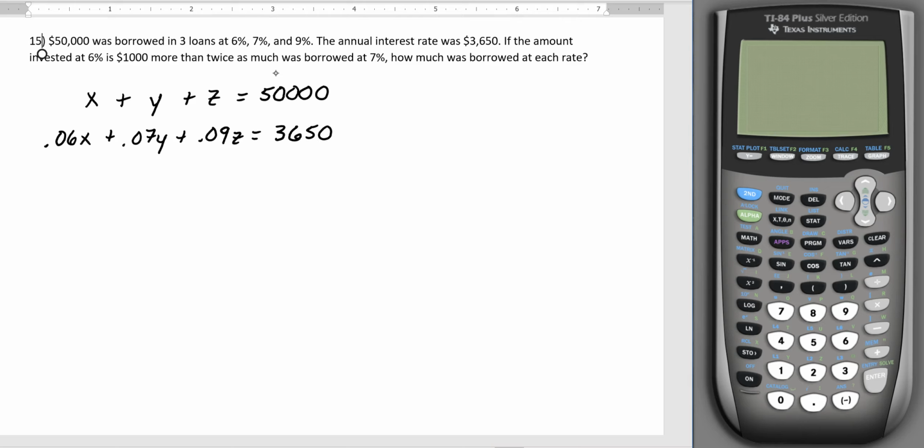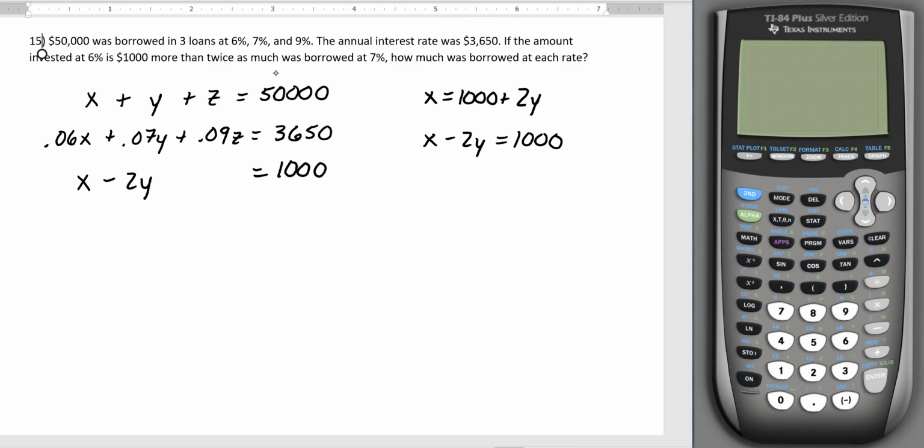Now this last equation, the amount invested at 6%, which is shown here as x, is 1,000 more than twice as much was borrowed at 7, so that'd be 2 times y. So if I double y and add 1,000 more, I will get x, right? To get this into the form I want, I would say x minus 2y equals 1,000.